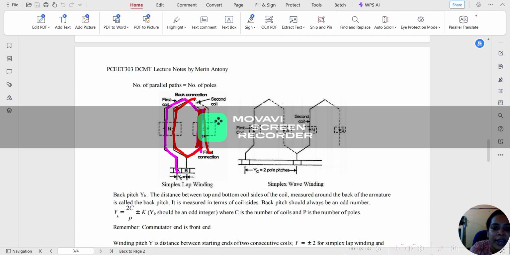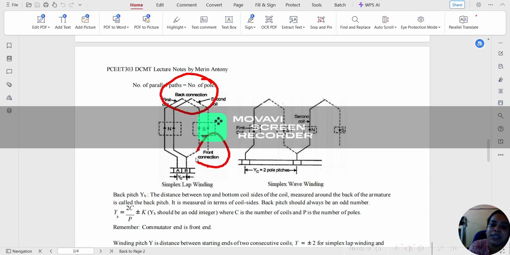If this continues like this, we will call this type of connection lap winding. Hope it is clear. And one more thing we have to mention, that is back connection and front connection.